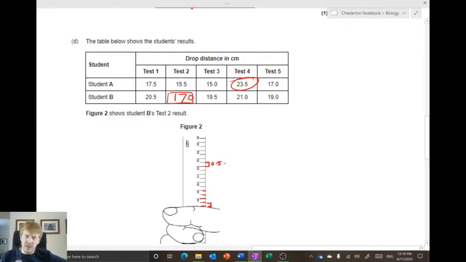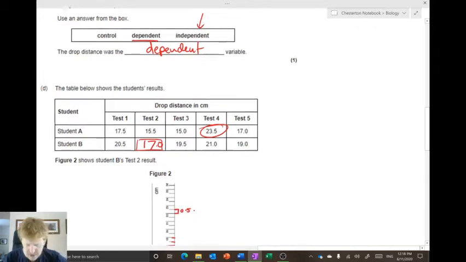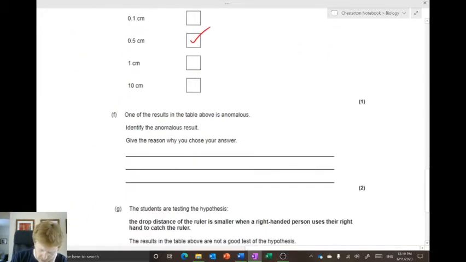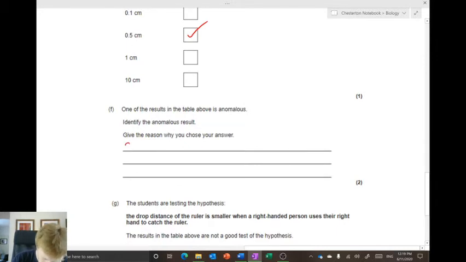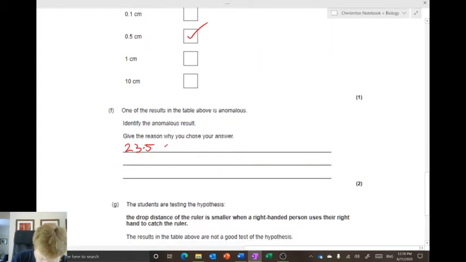What you've got there is you've got someone who's getting 17, 15, 15, 17, and then all of a sudden there's one that's 5 higher than even the slowest reaction just there. So it's basically 33% higher than any of the other ones. So 23.5. Identify the anomalous result was 23.5 for person A, wasn't it? For student A.